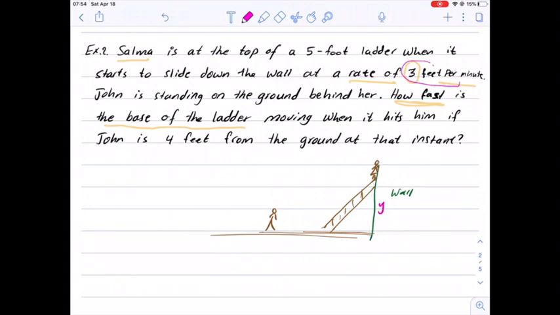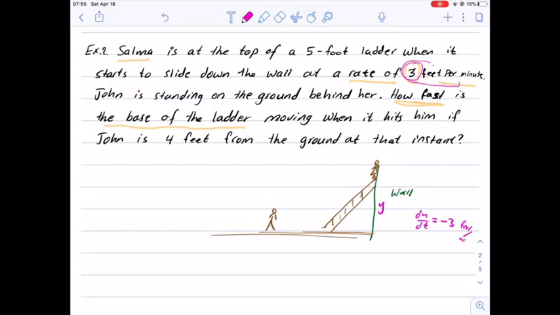So that means if we denote the height of the ladder by y, then we have dy over dt. This is given, but since y is decreasing because the ladder slides down at a rate of 3, we put a negative sign.